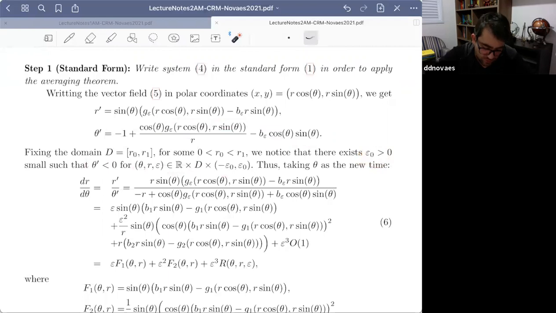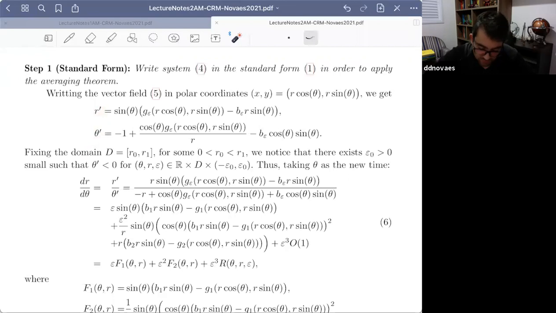So we can now compute the variation of the radius. Here we have the variation of the radius with respect to the time and the variation of the angle with respect to the time. However, we can also study the variation of the radius with respect to the angle.